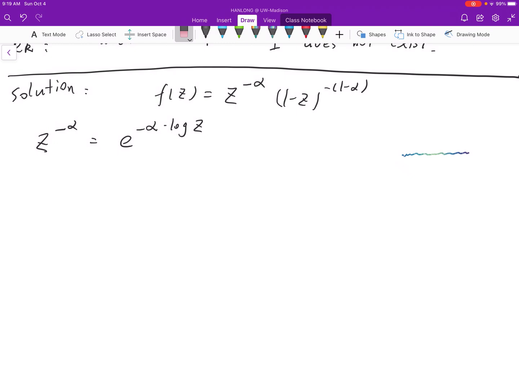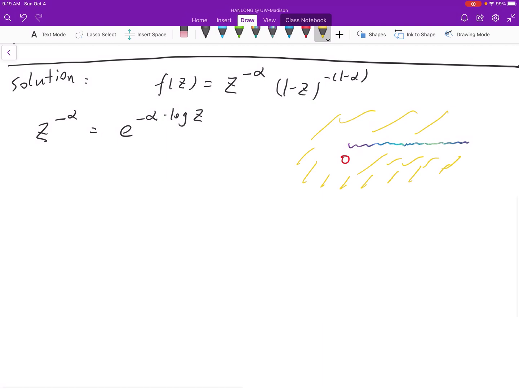Then your domain is everything except the positive real number line, including the origin. I mean, the set you get rid of includes the origin.